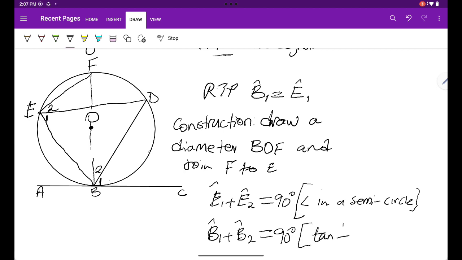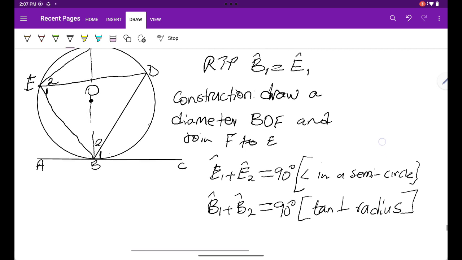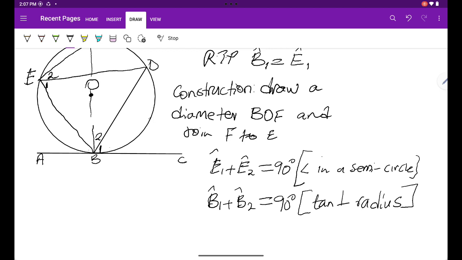Tangent is perpendicular to a radius or diameter, whatever you want to use, whether you use radius OB or diameter BOF. So we said that tangent is perpendicular to the radius. So this is a tangent, this is a radius. So tangent is perpendicular to the radius.